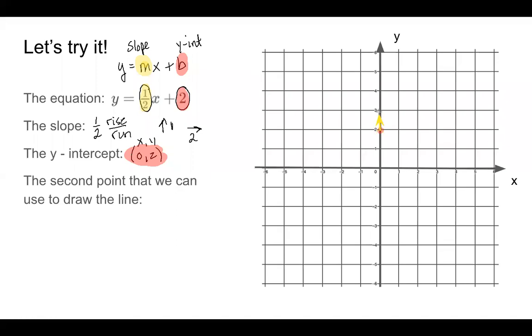So let's do it. We're going to go up 1, and we're going to go to the right 2. And then X marks the spot right here. That is the spot, and the spot is the second point that we need to graph this line. Once you have 2 points, you have everything you need to graph this line.